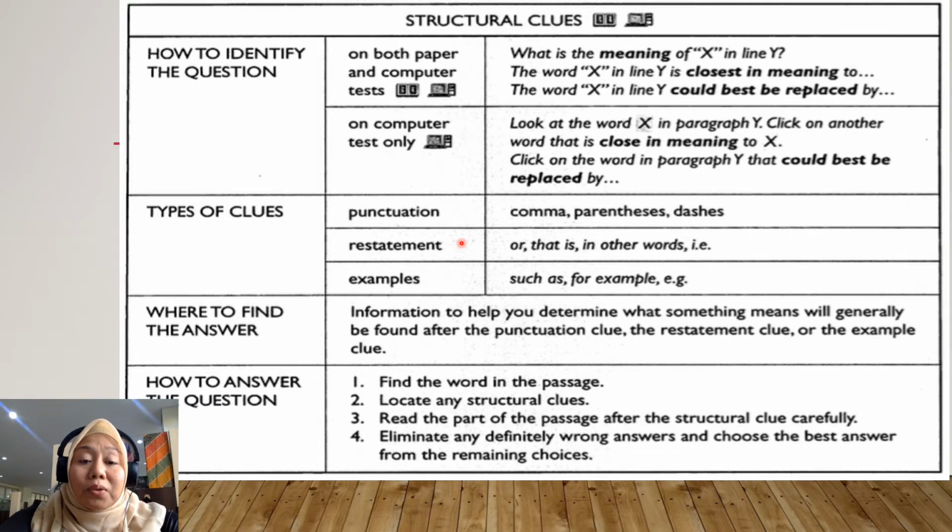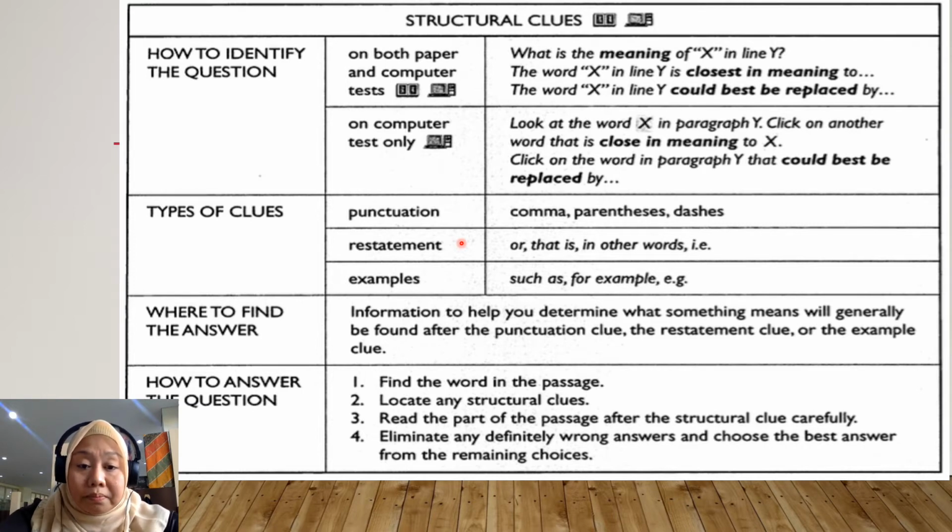Or it can also be given in between parentheses or dashes. So when you see a word and then a comma, parentheses, or dashes, it is probably giving you the clue and the definition of the word.